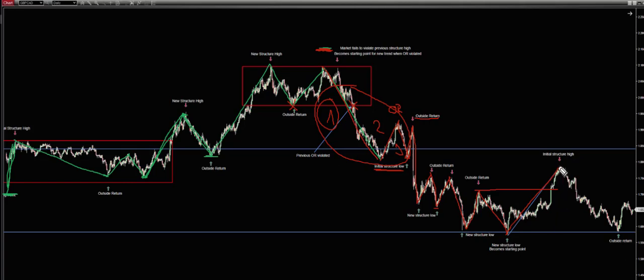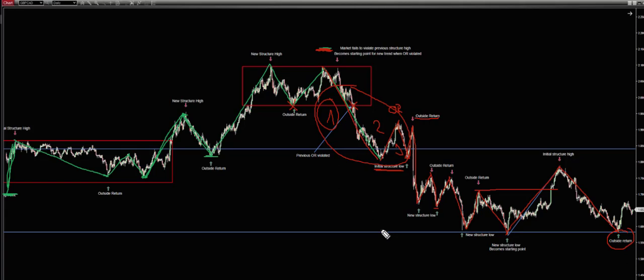However, this is another mistake that was made here. Price moved up and down, came to this point here, and the trader marked it as the outside return. But we don't know that this is going to be the outside return until something happens. This is a thing that I also explained in my video. What needs to happen for the outside return price point to become the actual outside return?